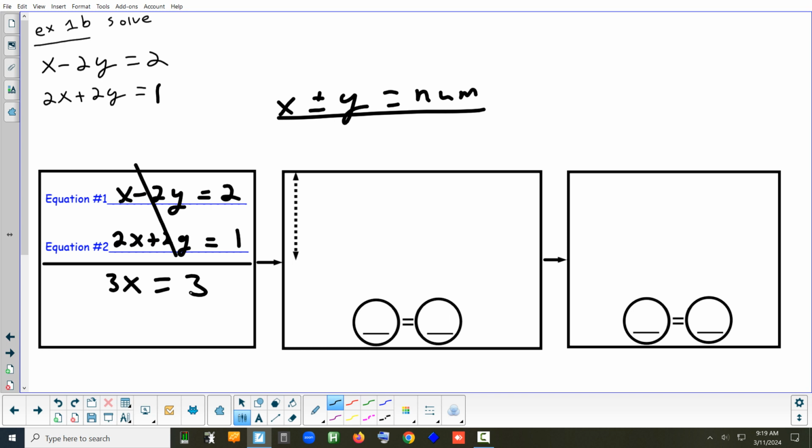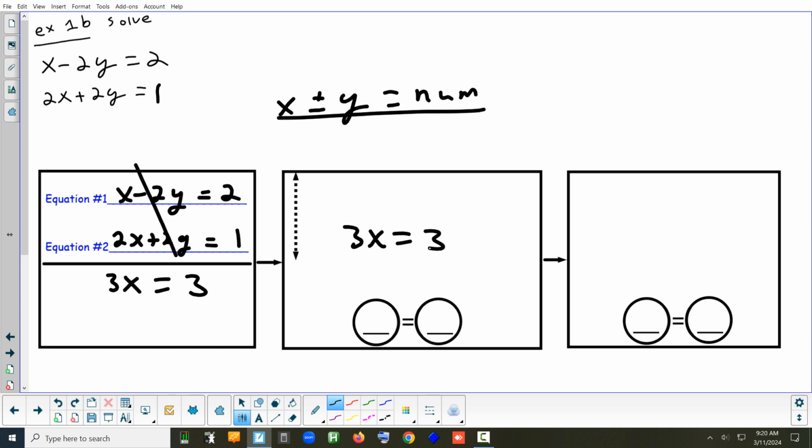What are we going to do with that 3x equals 3? We're going to copy that into the next box. Now what do we have to do in that box? Solve it.